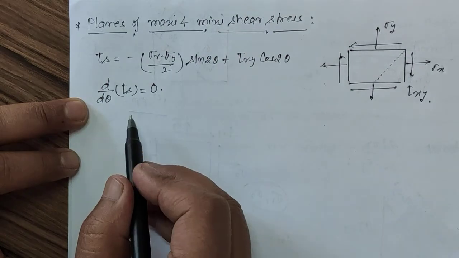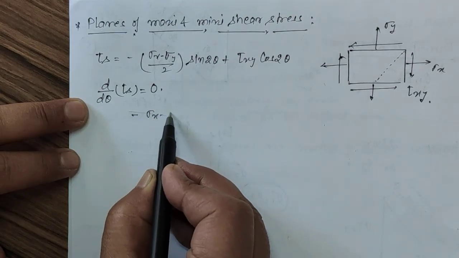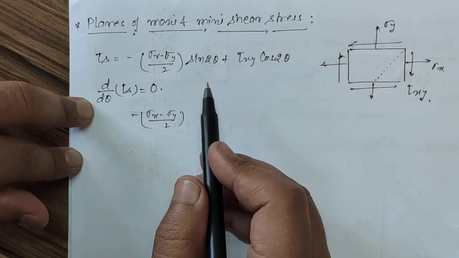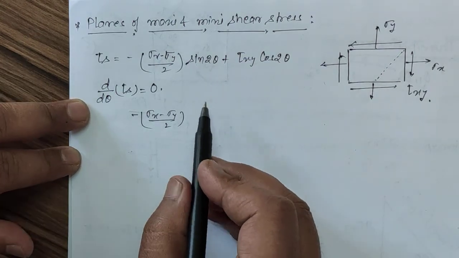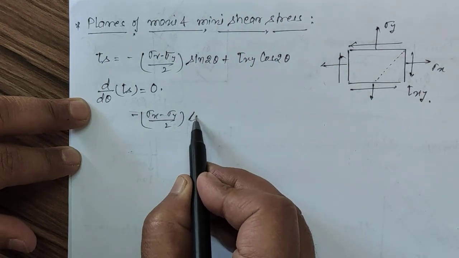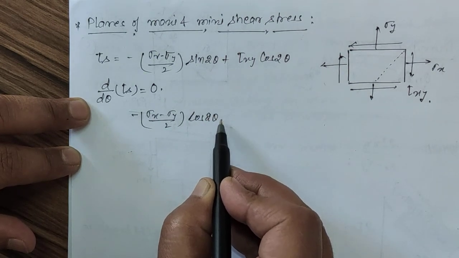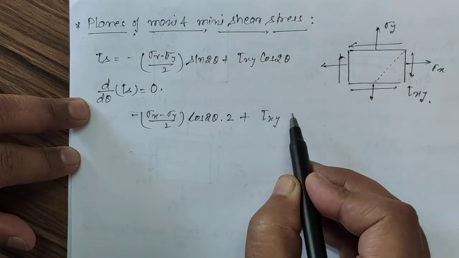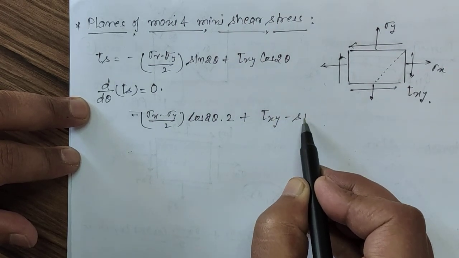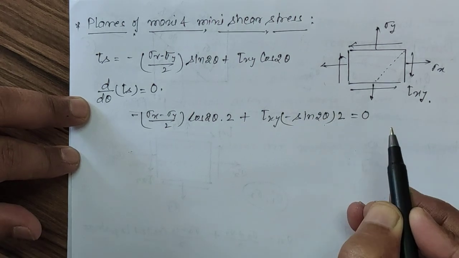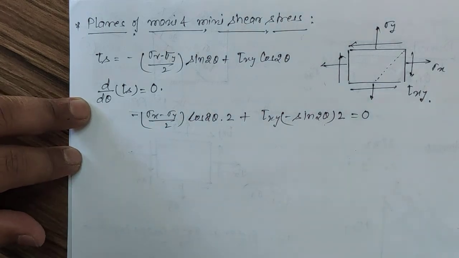From here, d by d theta will be equal to minus (sigma x minus sigma y) by 2, differentiation of sin 2 theta is cos 2 theta multiplied by 2, plus tau x y, and differentiation of cos 2 theta is minus sin 2 theta into 2, equal to 0.